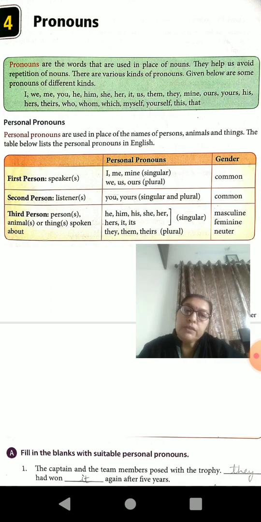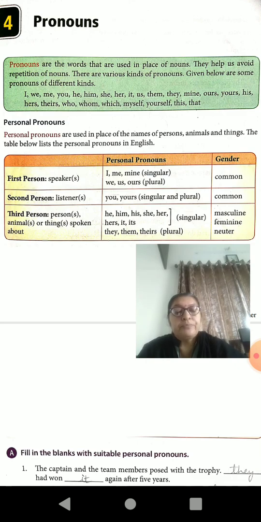Its plural yours. Third person he, him, his for masculine gender; she, her, hers for feminine gender; it, its for neuter gender and its plural they, them, theirs.